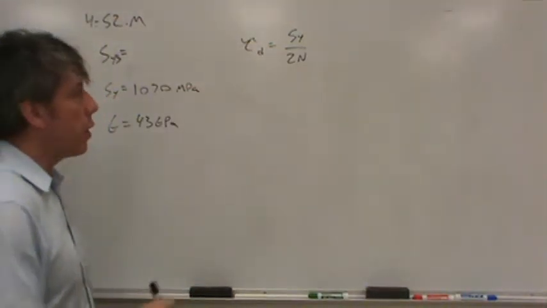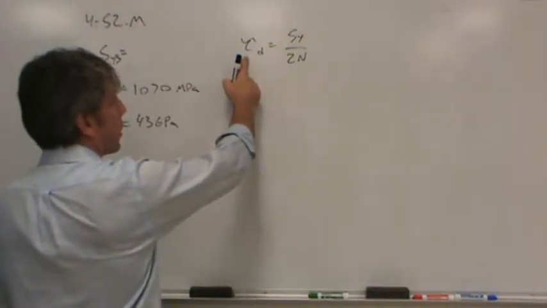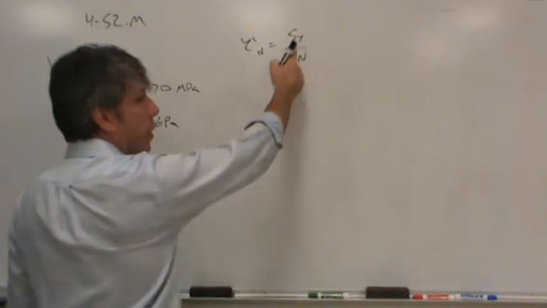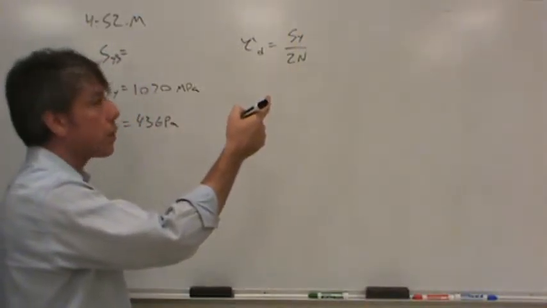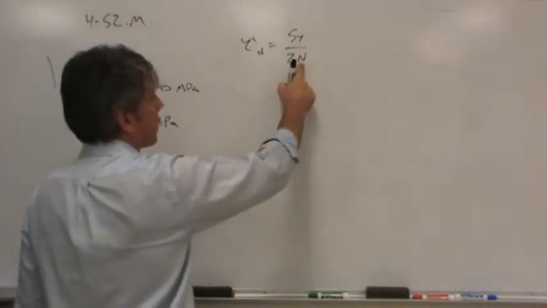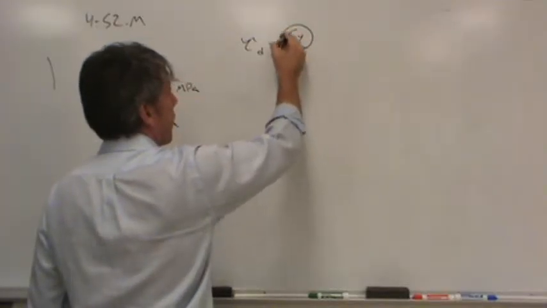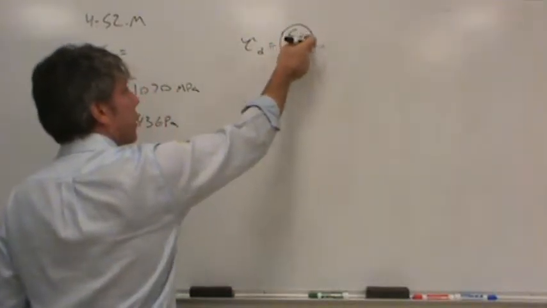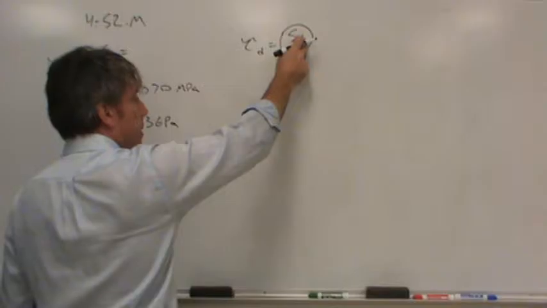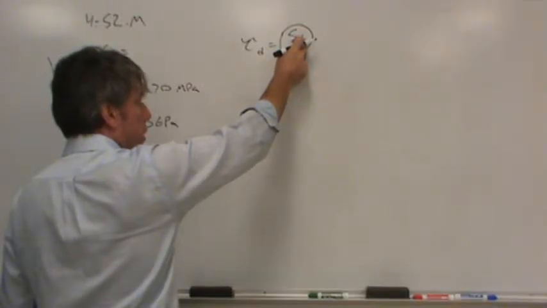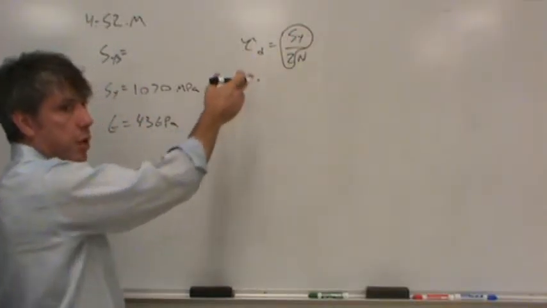Why is it over 2? Notice that this is a shear, whereas this is a normal stress, or normal strength. The design factor is N, but basically this 2 factor is to convert the strength of the material in normal stress to the strength of the material in shear.